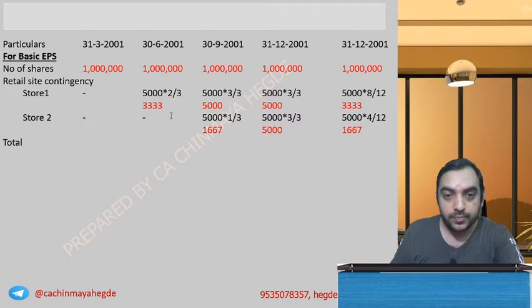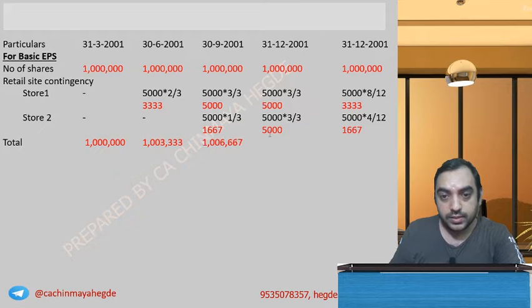So for the first quarter, it is 1 million. Second quarter, 1,003,333. Third quarter, 1,006,667. Fourth quarter, 1,010,000.